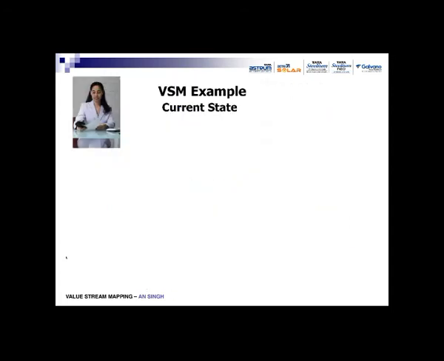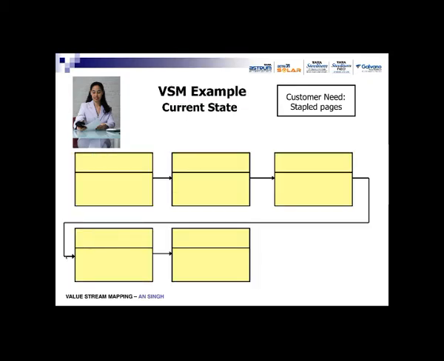Let's take a very simple example to understand value stream mapping. In offices, every day we need to staple paper. Suppose there is a bulk stapling requirement, where 100 copies of 3-4 sheets need to be stapled, so it becomes a process.